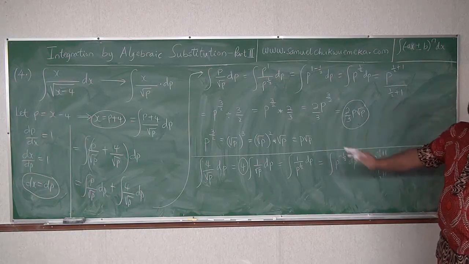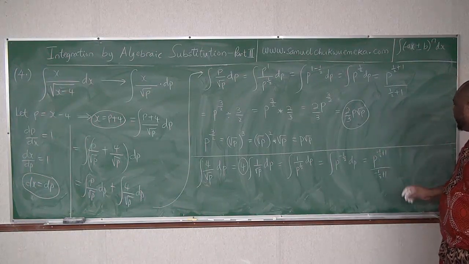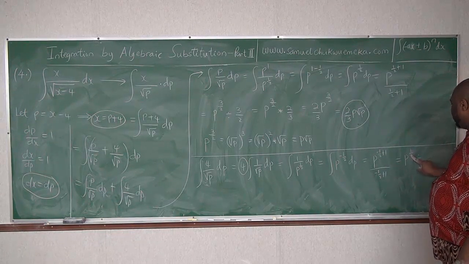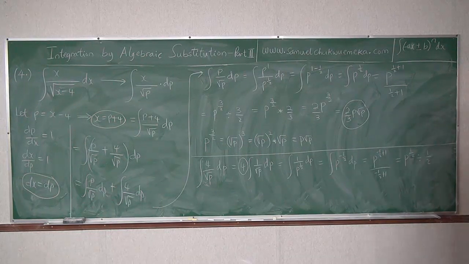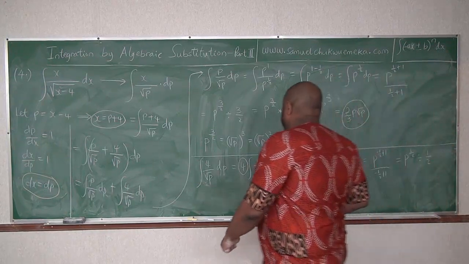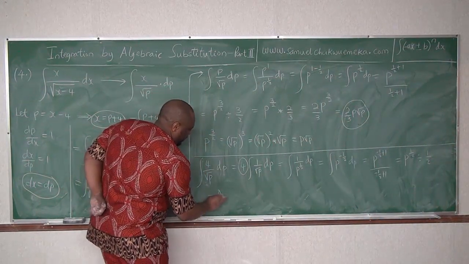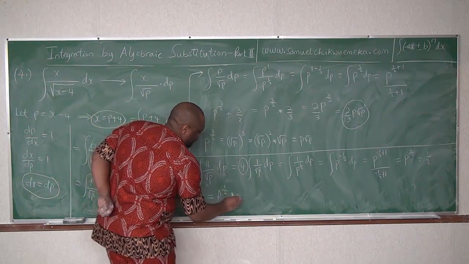Later we will put c, the arbitrary constant. So this will be p exponent 1/2 divided by 1/2, because negative 1/2 plus 1 is 1/2. This gives p exponent 1/2 times 2 over 1.